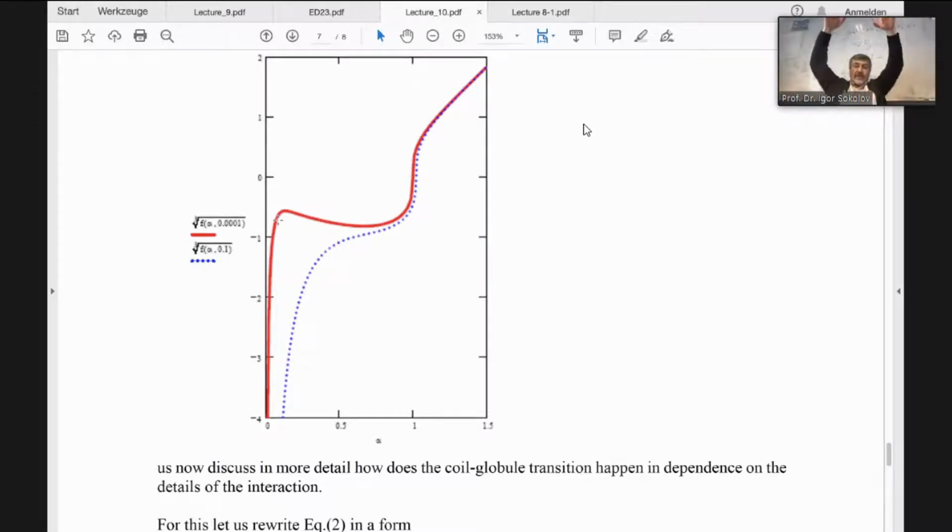So when you lower the temperature, the chain collapses and its size changes not gradually but immediately to a smaller value, and then it continues getting smaller until it simply gets fully squeezed, and then you cannot squeeze it anymore. But this you see here by the fact that the function starts to grow very fast.